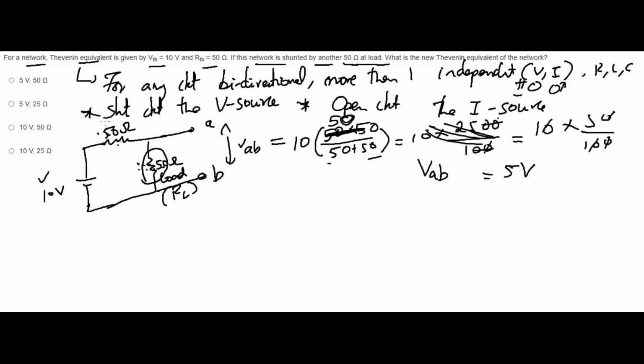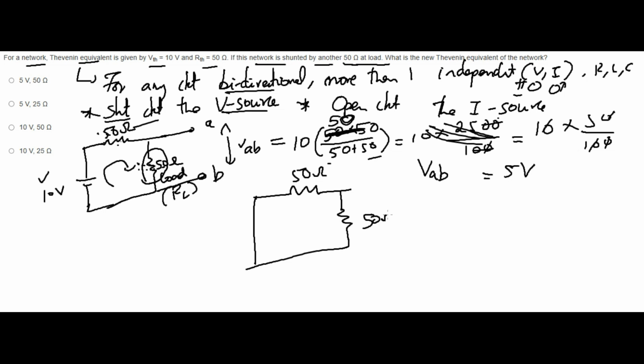Once again I redraw this. As I said, because it is bidirectional, I short circuit the voltage source, so it becomes a straight line. Then I go for this 50 ohm and another 50 ohm, which is the load and the R Thevenin.